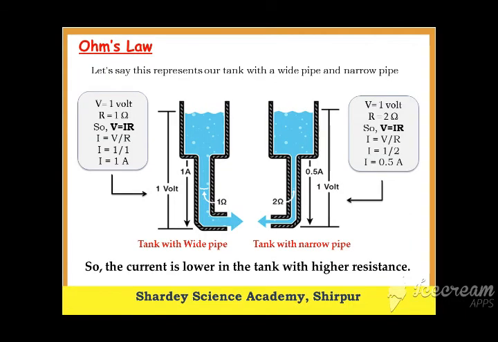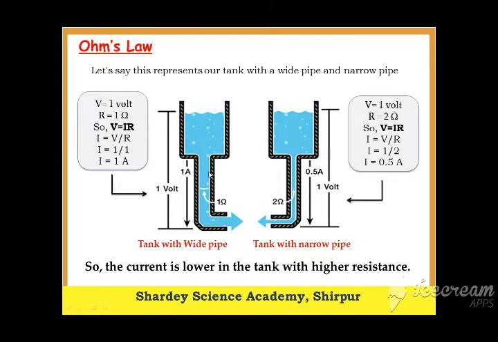Let's understand Ohm's law using numerical values. The picture shows two water tanks, the tank with a wide pipe and the tank with a narrow pipe. As per Ohm's law, we do the calculation and at the end we calculate the current. Observe this tank carefully.